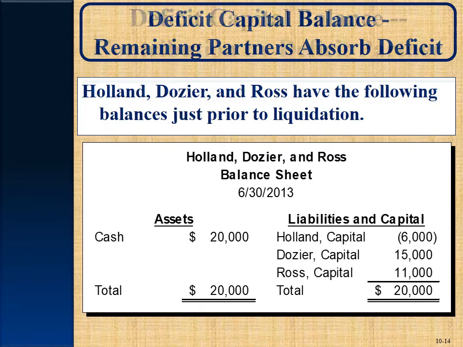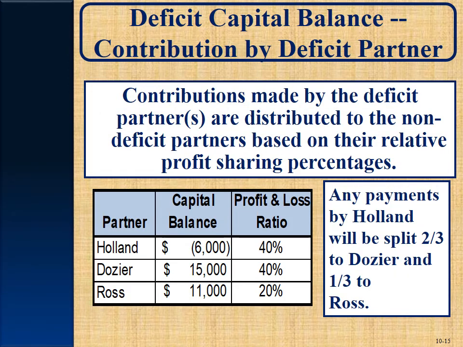How do we handle this? The contributions made by the deficit partner are distributed to the non-deficit partners based on their relative profit sharing percentages. So any payments made by Holland will be split 2/3 to Dossier, or Dozier, whatever you want to say, and 1/3 to Ross. How do we come up with that?